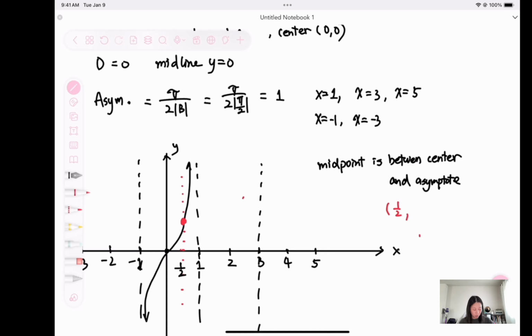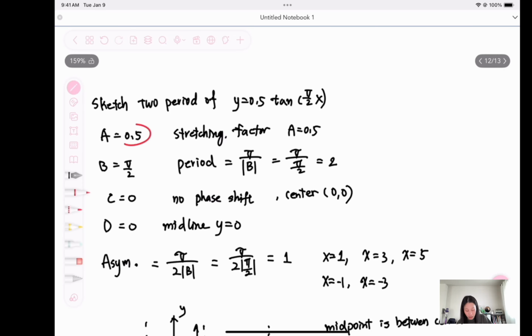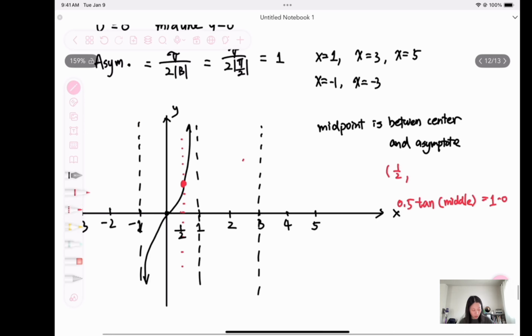We know that the tangent of the middle should equal 1, right? But right now, we have to multiply by 0.5. What happens if you multiply by 0.5 on both sides of the function? Then your y-coordinate is going to become 0.5. So that's what happened to the stretch factor. That means the midpoint is 1/2 and 0.5. So that gives them a stretch. That's how you notice the stretch.